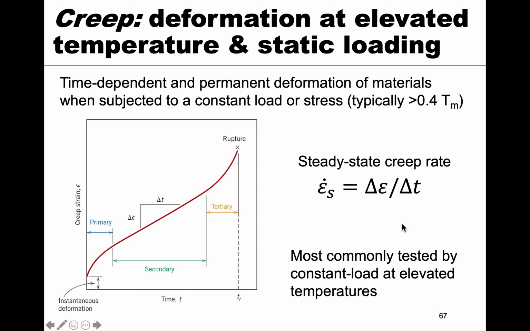Again, it's a constant load or stress that's applied, and it's typically done at levels that are over 0.4 of the melting temperature of that material. So obviously, most things that we talk about at room temperature aren't subjected to this. There are exceptions, obviously, to that if they have very low melting temperatures.